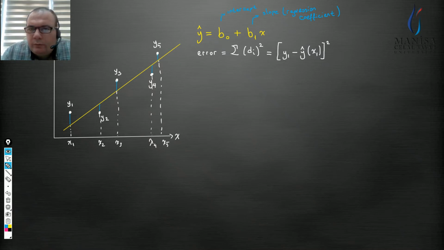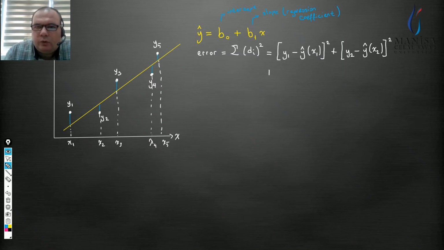Now continue with the second error: y2 minus y hat, but this time for x2, and the square of this error. For the third point, we do the same thing: y3 minus y hat of x3, squared.